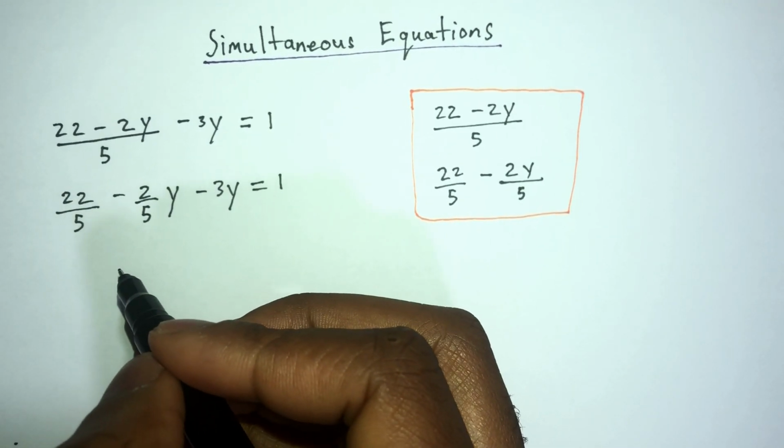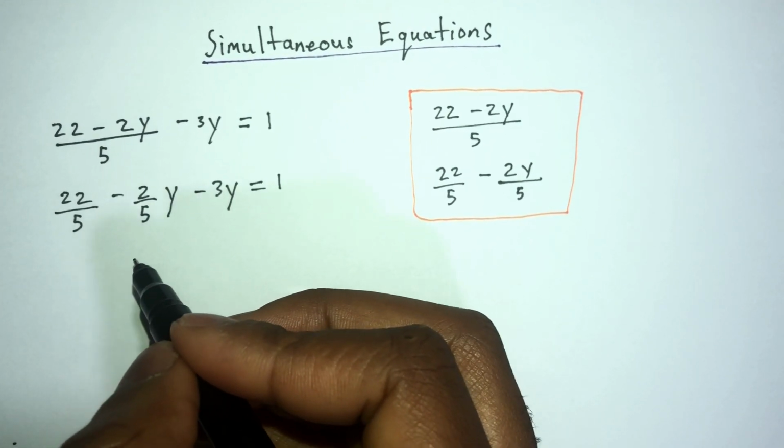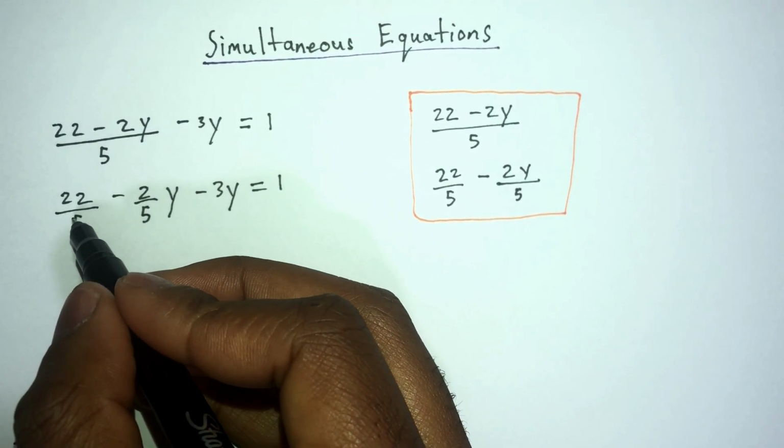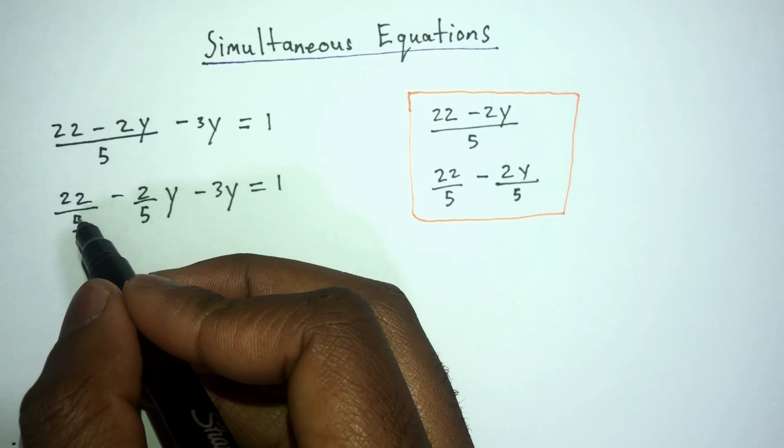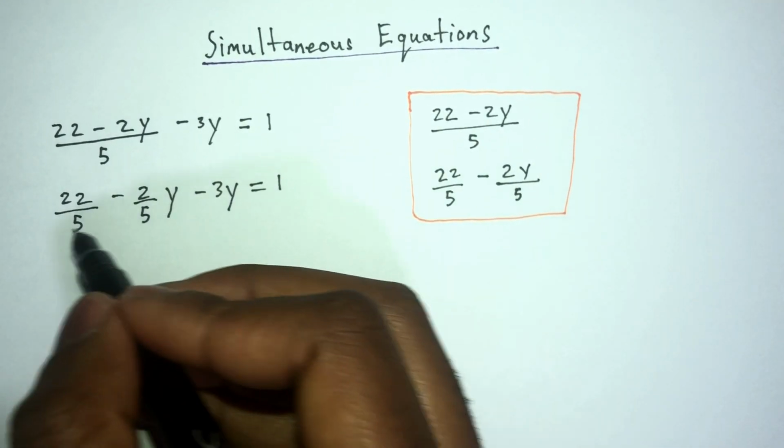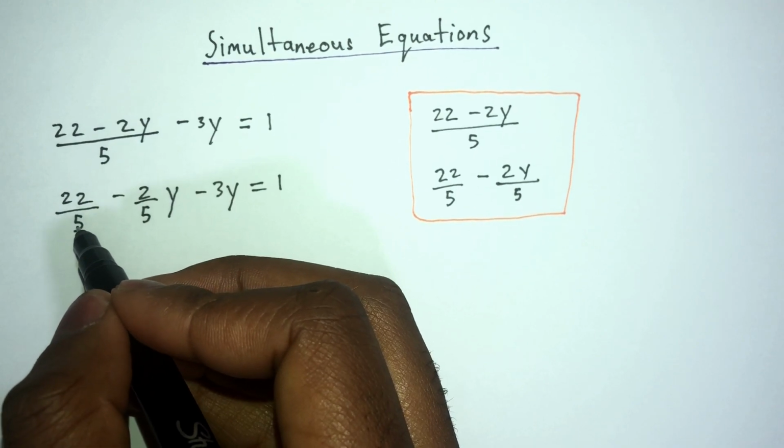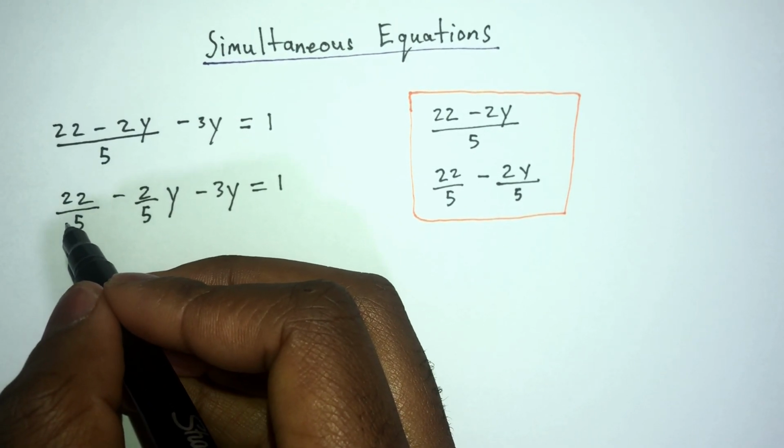Now we're going to group our like terms. So we want to put 22 over 5 on this side. So here we have 22 over 5. This is a positive 22 over 5.